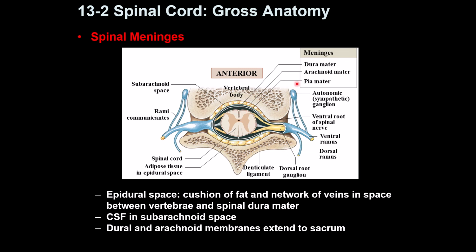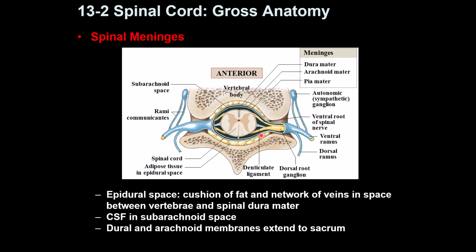And there's a space here, and this is called the subarachnoid space. This dark area that you see between pia mater and arachnoid, the content of that is CSF, cerebrospinal fluid. And I will come back to that in chapter 14 and talk about that in more detail.